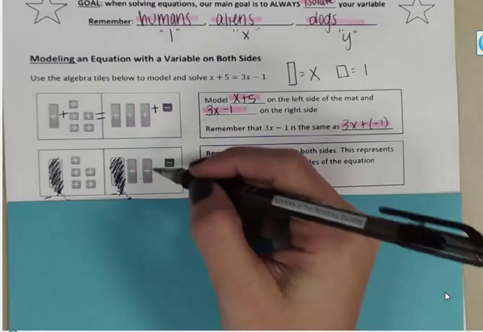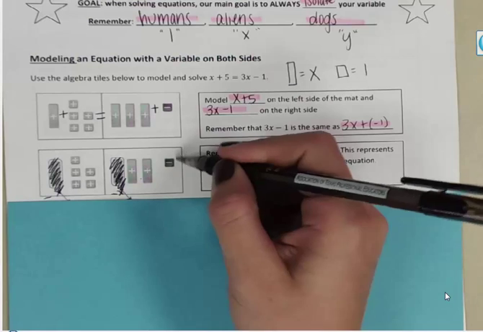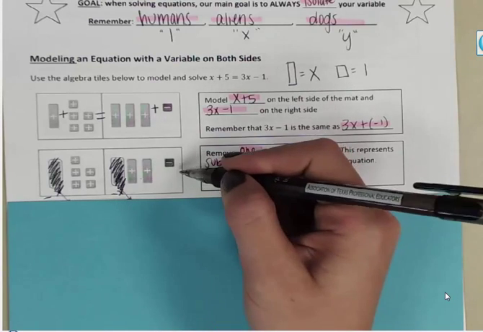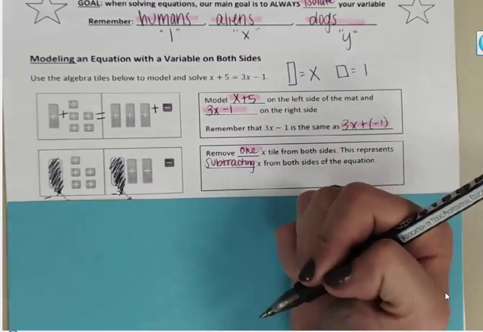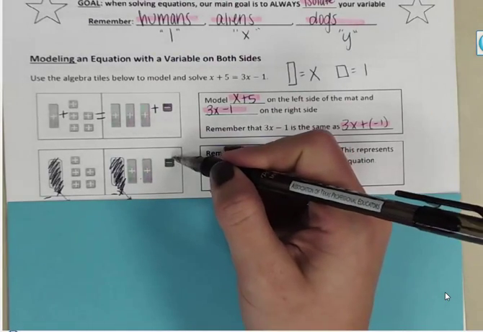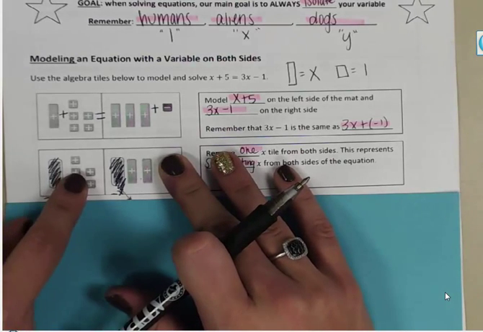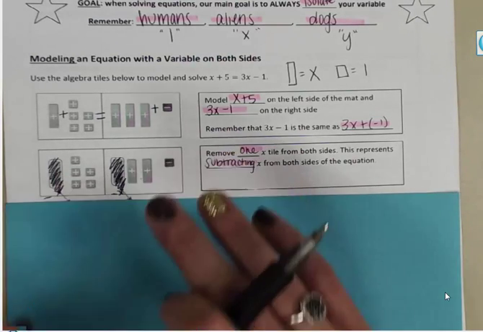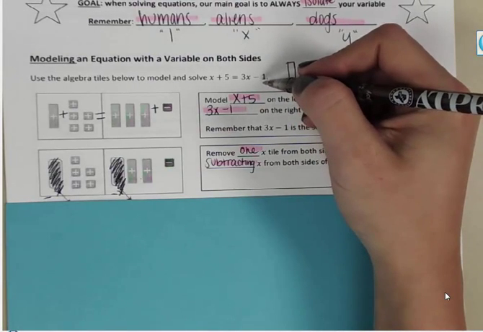Now that we have all of our x's or all of our aliens on one side, we have this one human left. This human can't be with the aliens. Remember, the human has to be over here. So how do we get the human to be over here? Well, remember, we want to take it away, but I can't take it away because I don't have a negative to take away over here, right? So how do I do that? Well, if you just had a minus 1, how would you get rid of a negative 1?